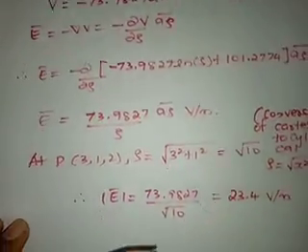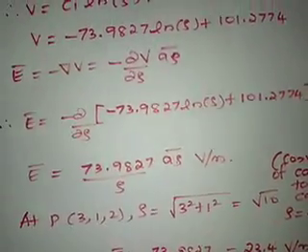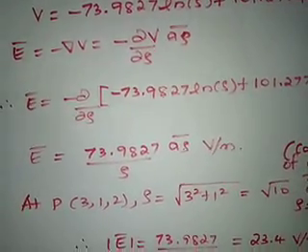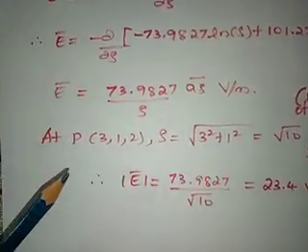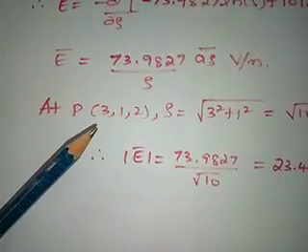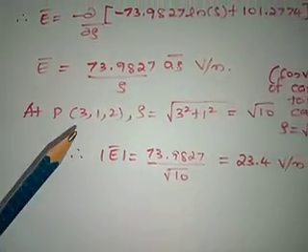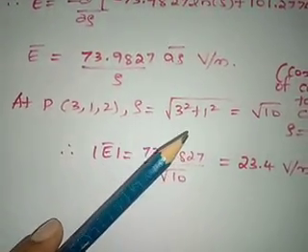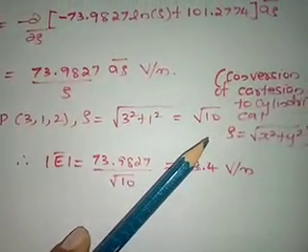Now in what coordinate system is this? Cylindrical system. But in the question, E bar is asked at P of 3, 1, 2, so they have given the coordinates in the Cartesian system. We have to convert it into the cylindrical system. Rho is given by square root of x square plus y square, that is square root of 3 square plus 1 square, which is root 10.